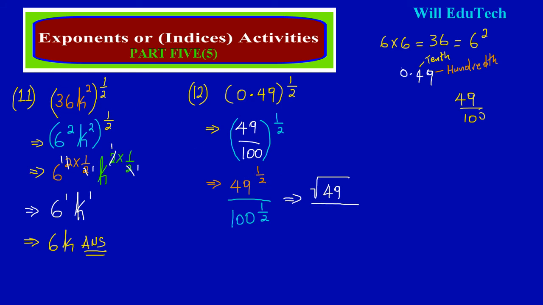Remember now, the 49 here is my base, the numerator is my power, so this would be 49 raised to the 1 power, and the denominator will become my root, so that's the square root I have there. So in my denominator, I would really be finding the square root of 100. Now, the square root of 49 is really 7, and the square root of 100 is 10. So this would be my answer, 7 upon 10.